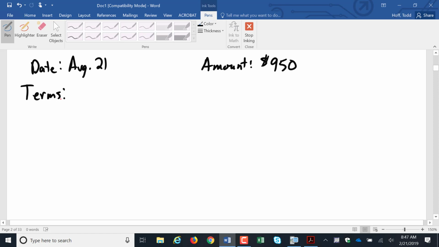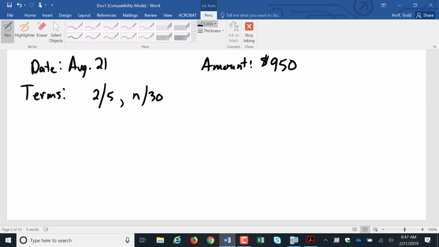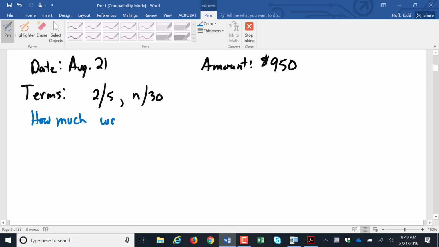Our terms are going to be 2/5 net 30. And so what we want to know is how much would be paid on August 30th. So if they pay this bill on August 30th, how much would they have to pay?